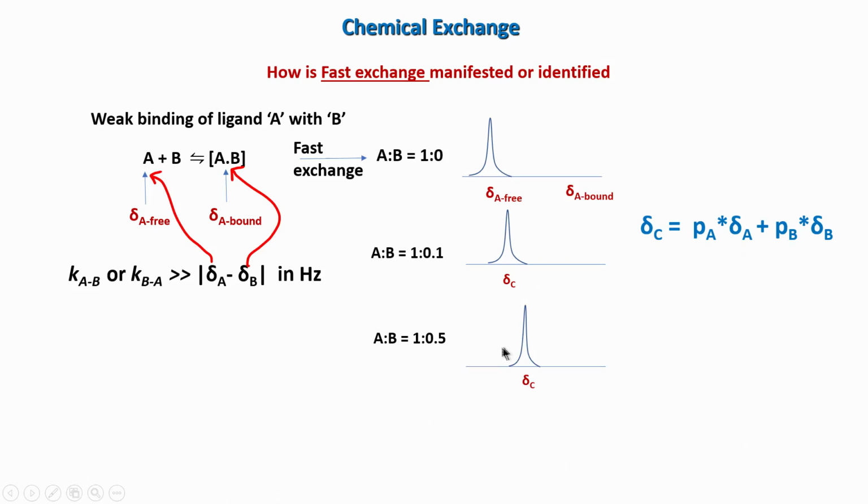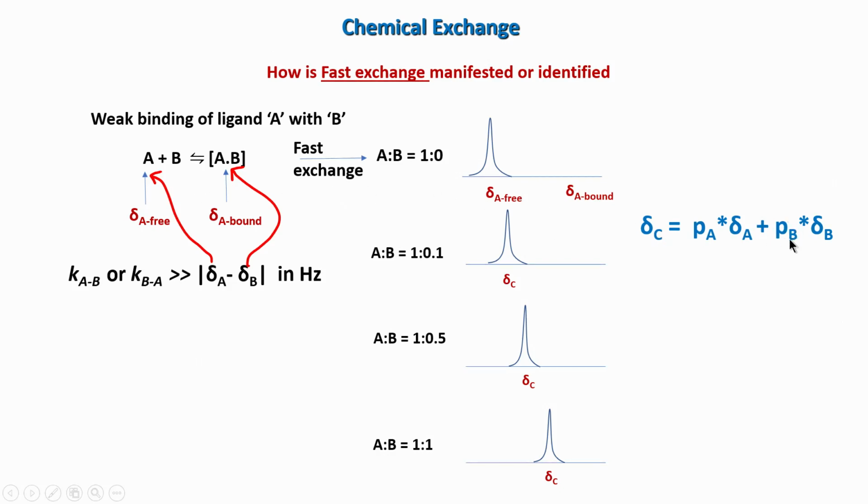Now, if I increase the population or concentration of B, then the peak starts moving even more, it has come to the center. Now, if I go to very high 1:1 where a large fraction of AB is expected to be present, Pb, again remember, is not the population of B, it is the population of the bound form.